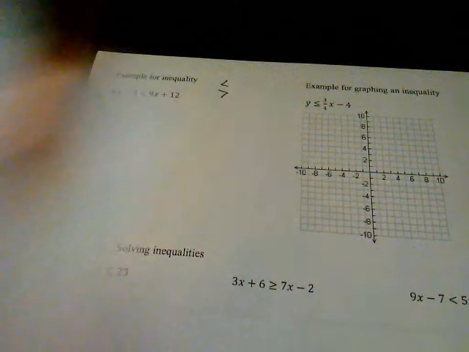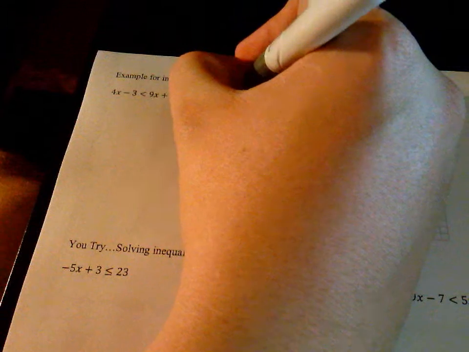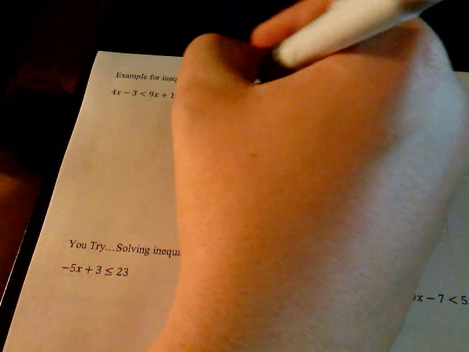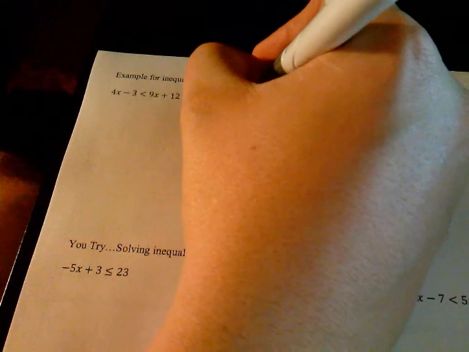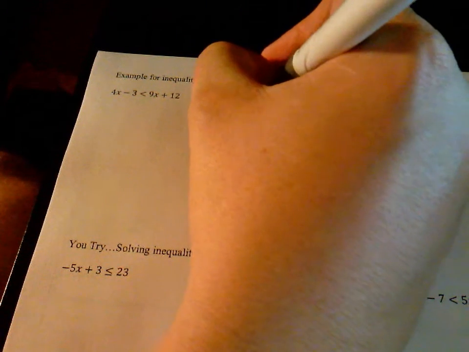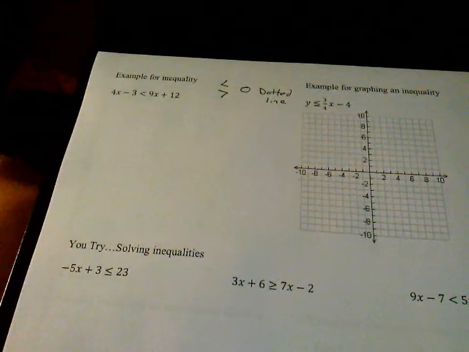Now, I'll explain what the number lines are here in a sec, but they'll have an open dot when you have number lines, and when you actually draw or graph it, it's going to be a dotted line. Then you've got the other ones that are like this.